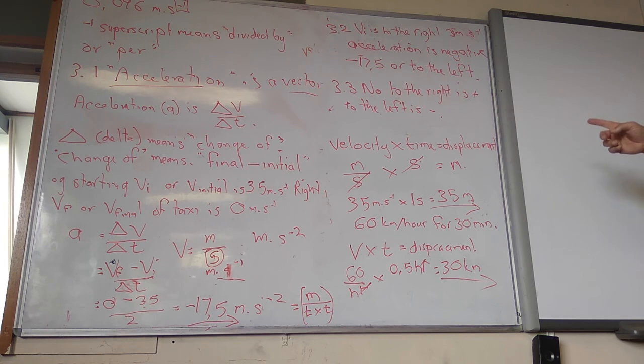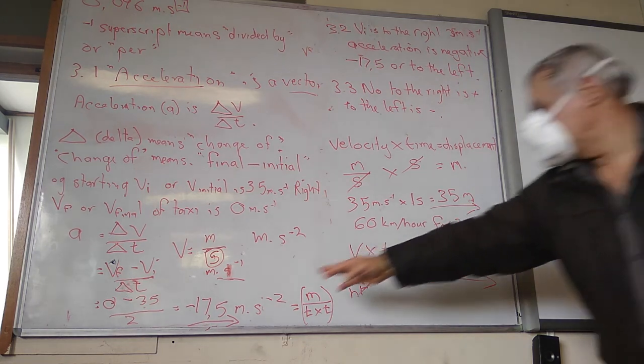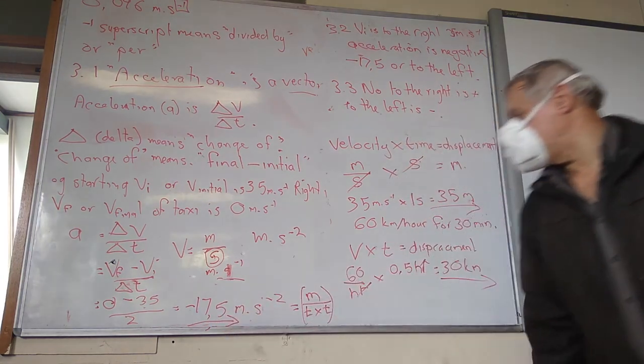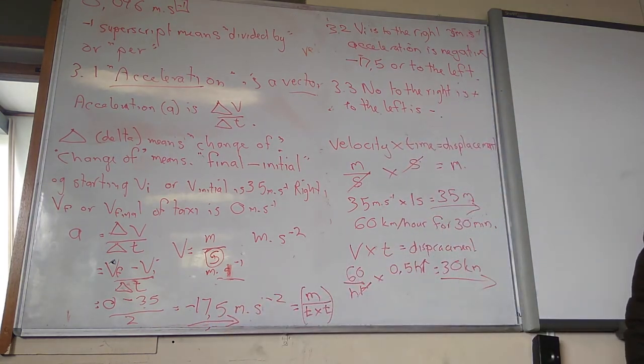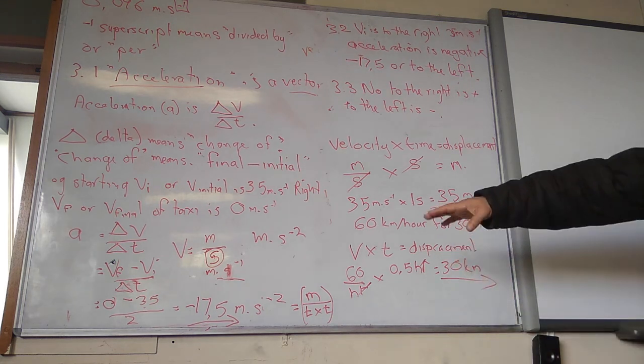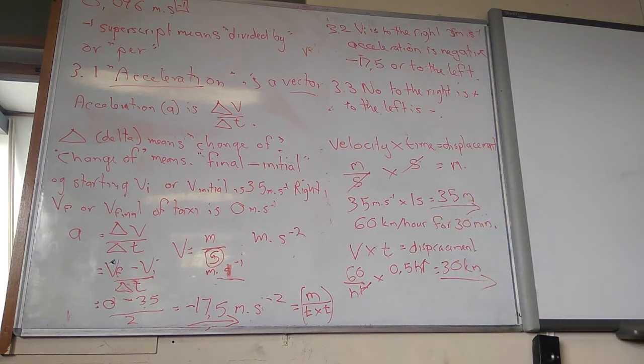Then he applies his brakes and his velocity changes. We worked out his acceleration was 17.5 meters per second squared. Was that right? Yeah. It doesn't sound like he's going to make it, but how are we going to work that out? How many seconds has he got to stop? 1.